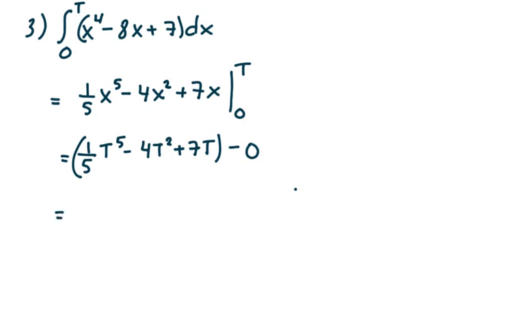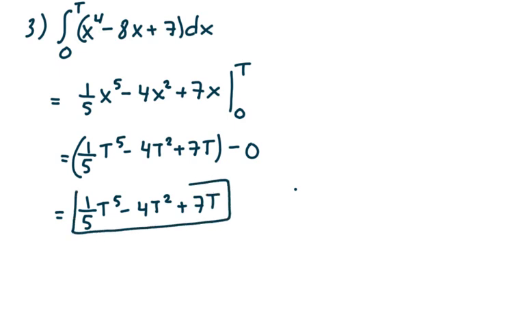And so the correct answer here is 1/5 t to the 5th minus 4t squared plus 7t. And that's how you do problem number 3. So let's take a look at problem 4.